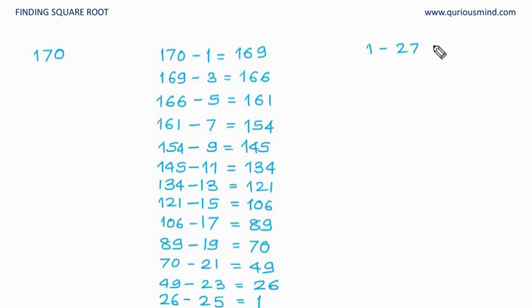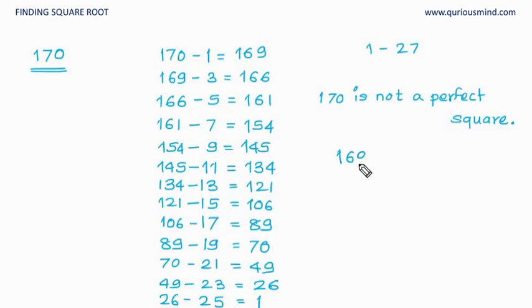We are going to get a negative number. So we have crossed 0, we did not reach 0, which means 170 is not a perfect square. And we can observe that I was left with a remainder of 1 instead of 0. So this number is 1 more than a perfect square. So I can see that 169 must be a perfect square.